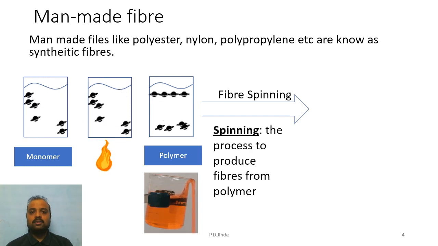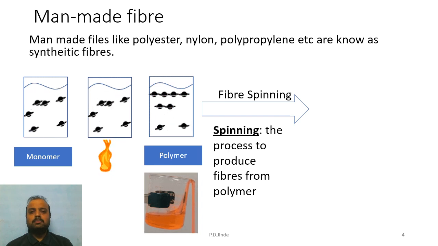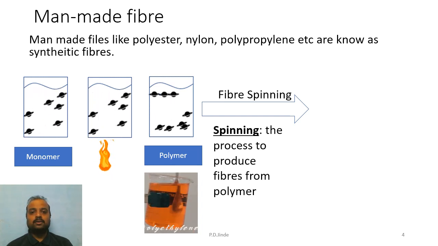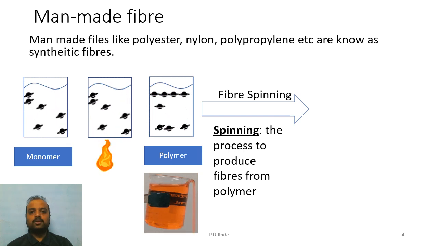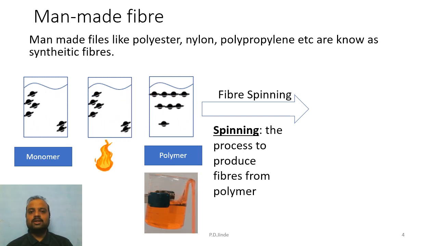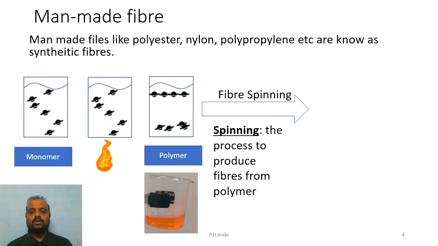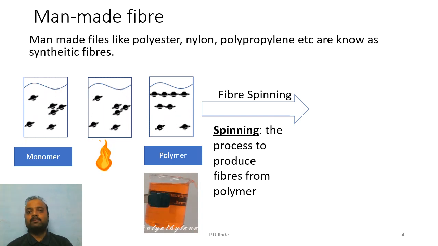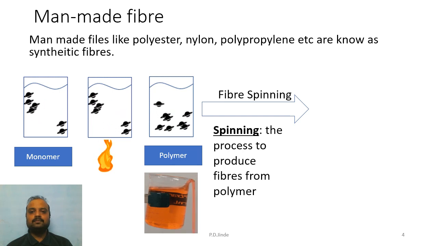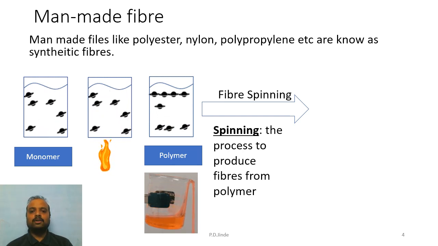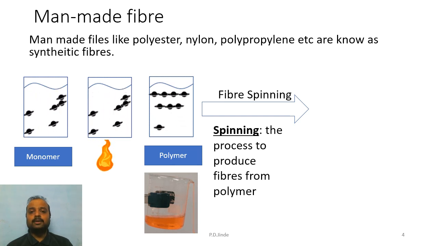Here, spinning means the process to produce fibers from polymer, not your regular spinning terminology where fibers are converted into yarn, but rather spinning is nothing but the process to produce fibers from the polymer. Now how is this thick liquid, which we called a polymer, converted into a fiber?